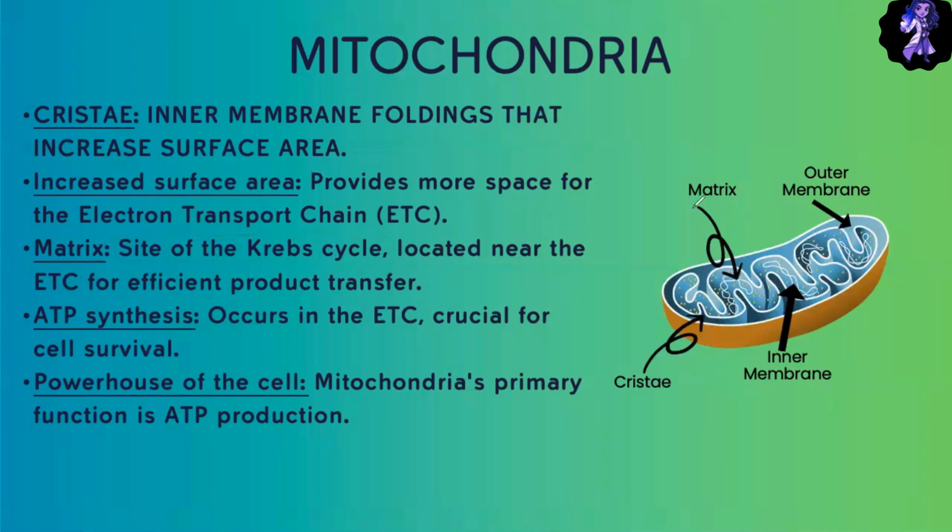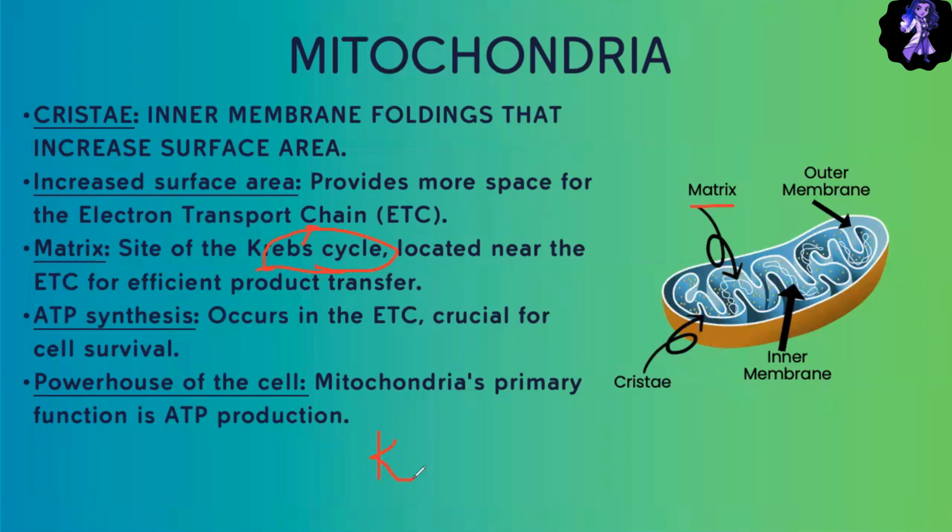The other part is the matrix, the other mitochondria part. And the matrix is noted to be the site of the Krebs cycle, which is another part of cellular respiration. So it's the precursor of the electron transfer chain, and it helps make sure that the electron transfer chain takes place.